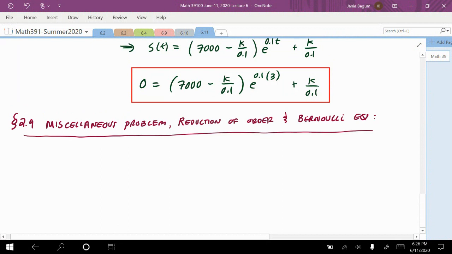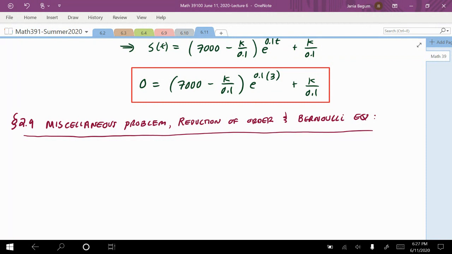So miscellaneous problems are putting all equations from chapter 2 into one format, where you have to decide which of the four methods that we learned is applicable to the given differential equations. Okay, so I'm just going to write down a few problems, and you will tell me how you would approach those questions, and that's pretty much it.